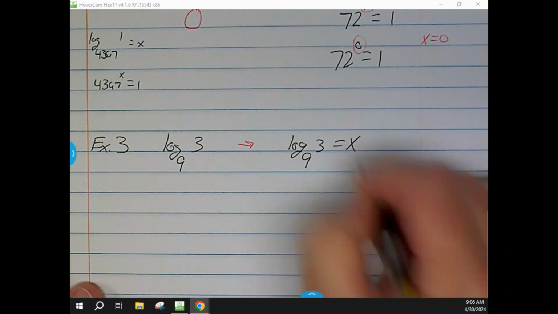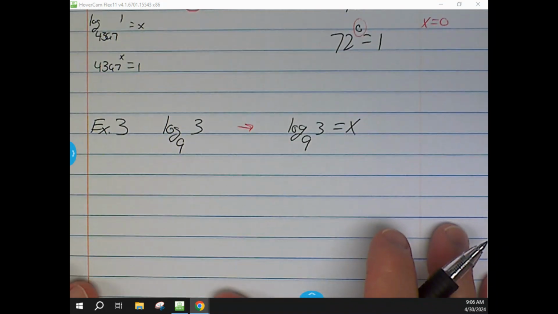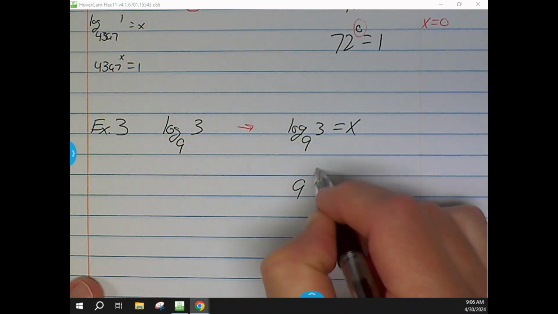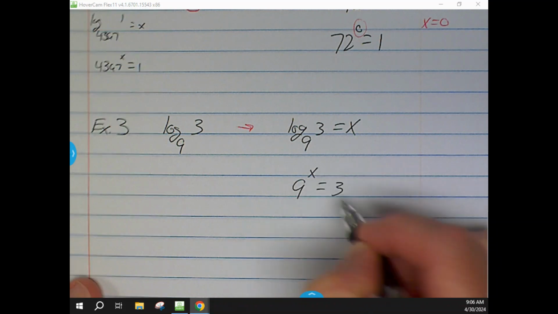Again, if we think about what it is, it's got to figure out that that's got to equal x. So we're trying to figure out what x equals. So if we rewrite it, it's 9 to the x power equals 3.